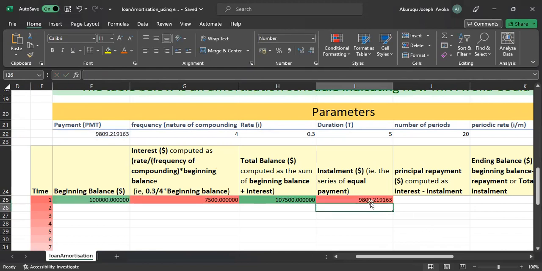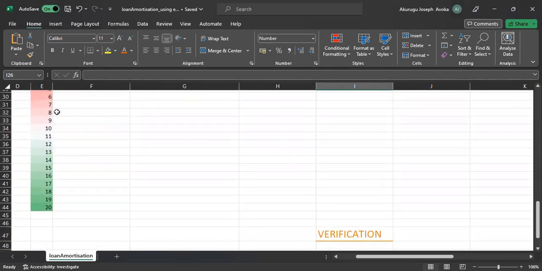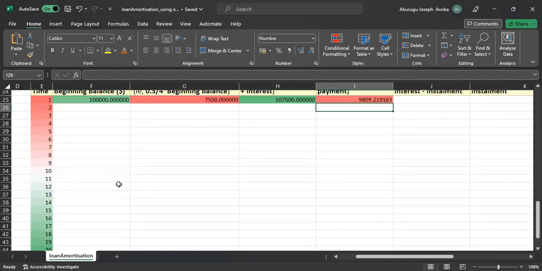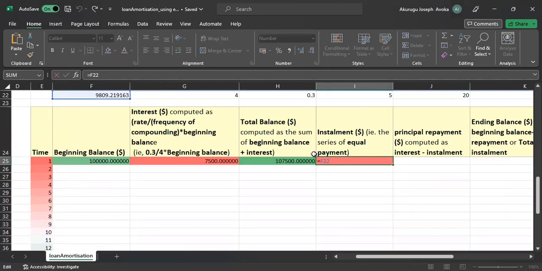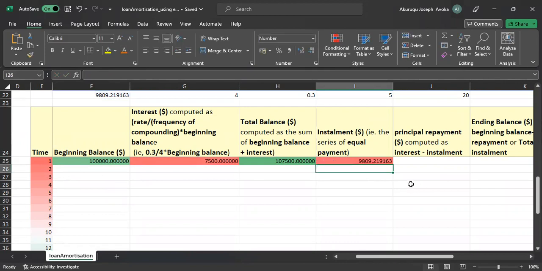Actually, this one is going to be the same throughout, from period one up to period 20. So I need to lock this cell as well using absolute referencing, locking both the column and the row. Then you hit this.